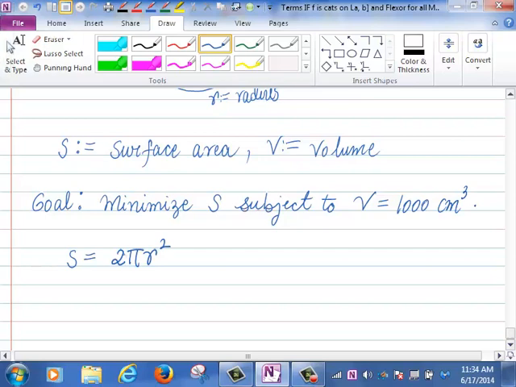You agree with that? Now I need to know what's the area of the side of the can. How would you answer that? Yes. So imagine that you have the can, and you cut the can vertically like this, and then you open it up, and what you're going to get is a rectangle.